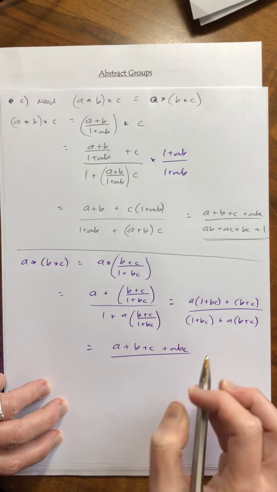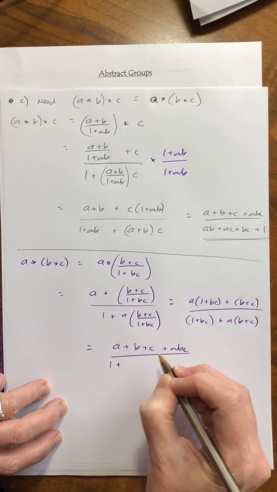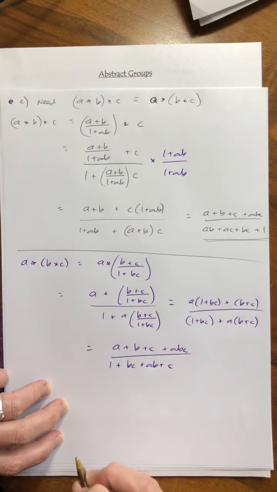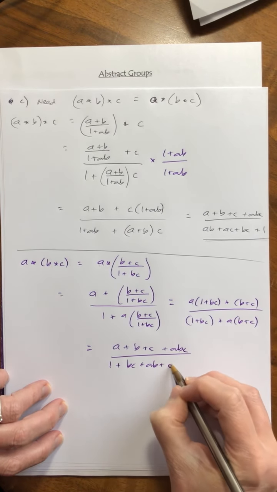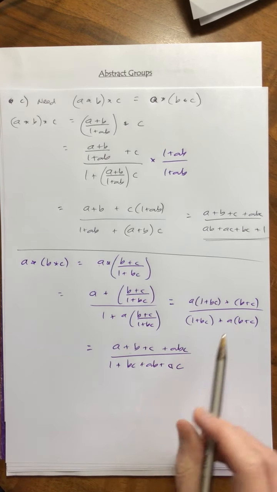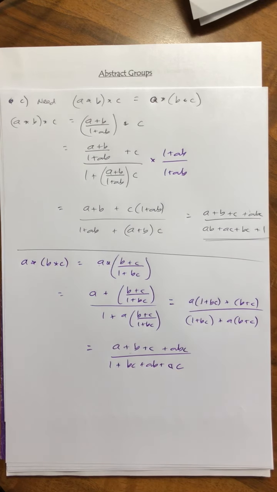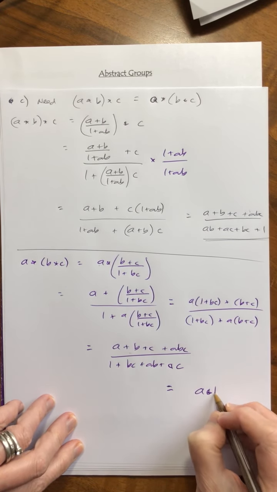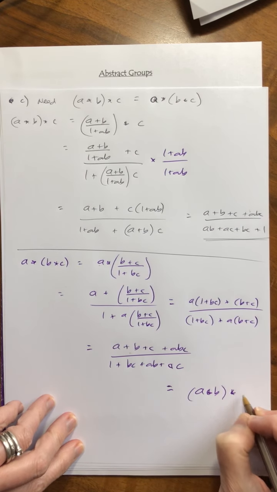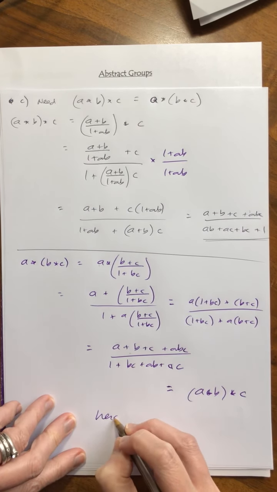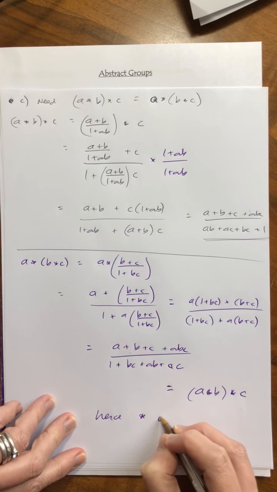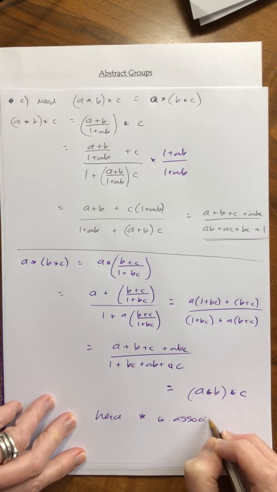And then underneath, I've got my 1 and then BC plus AB plus C plus AC. So again, I've got exactly the same there, so I can conclude that that is equal to A star B starred with C. Hence the operation star is associative.